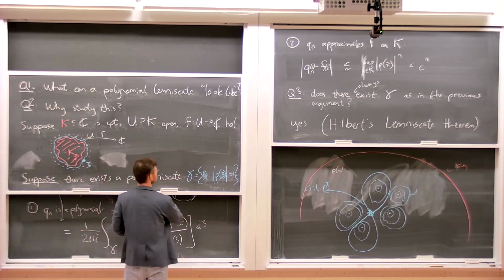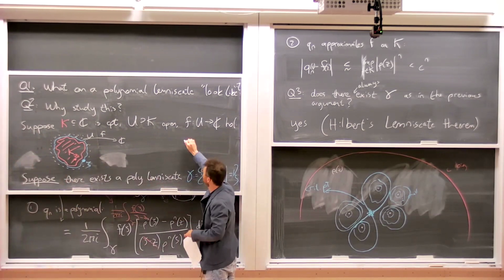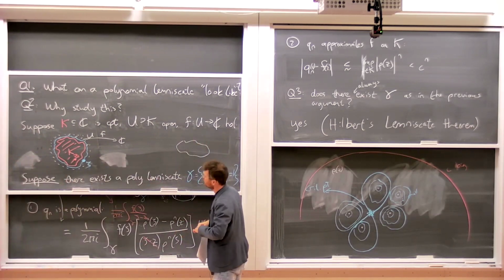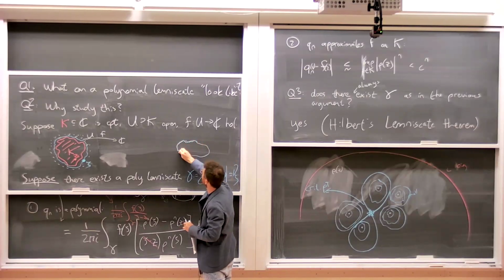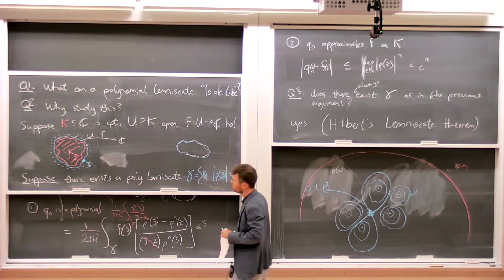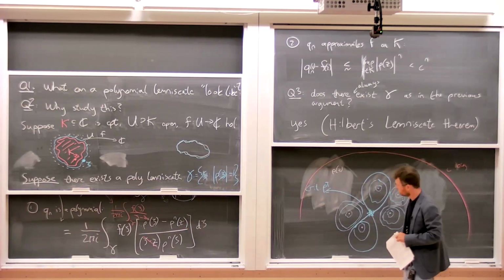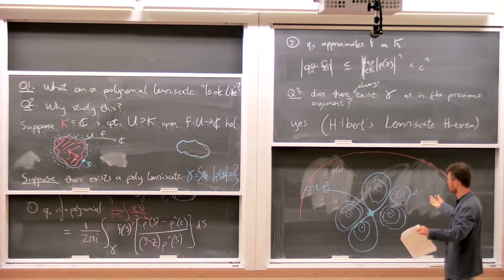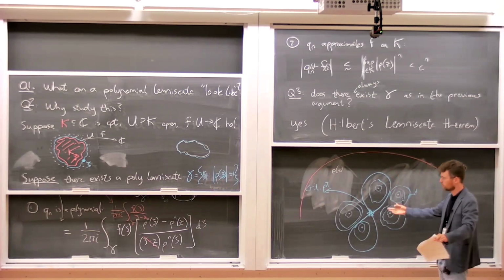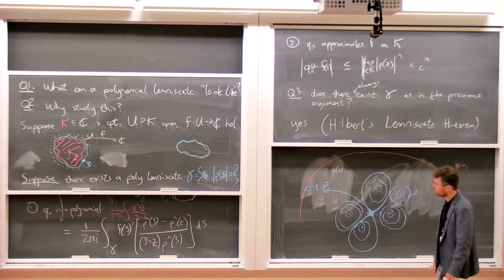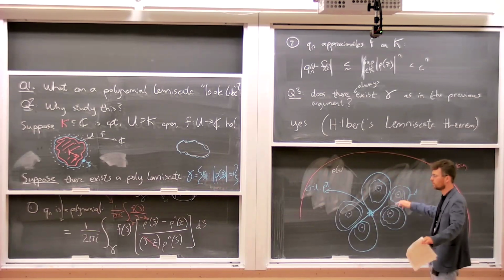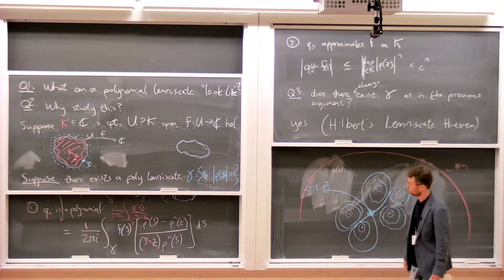Hilbert's result says that if you draw any Jordan curve, there exists a polynomial Lemniscate which looks really close to that Jordan curve. This is kind of an incomplete answer, right? Because Lemniscates are not usually Jordan curves. Not only can they have other topologies, but generically they're not even going to be connected.